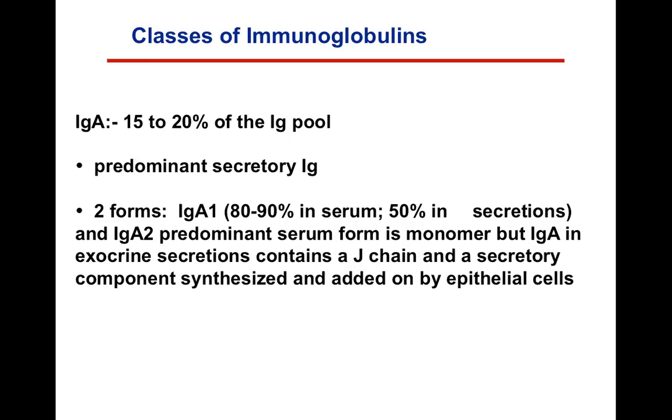So, for example, they would be important for protecting against urinary tract infections or vaginal infections. Most importantly, we see them in GI infections. So, for example, IgA is really important in protection against poliovirus, norovirus, or any viruses that are going to be transmitted through the GI tract.